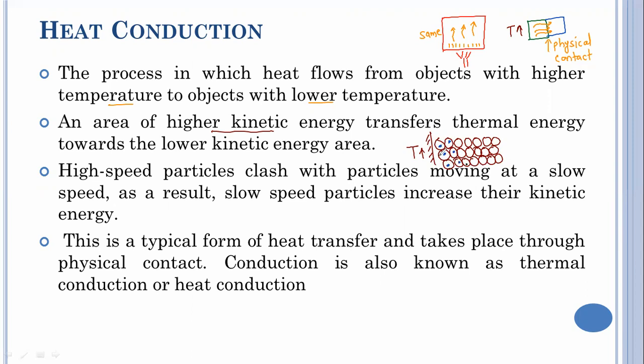Because they are nearer to the higher temperature. And this end, of course, the temperature is low, so these molecules will have a slow kinetic energy. So how is heat going to flow? These molecules are going to vibrate and collide with the adjacent molecules. And this is how the heat is going to flow.